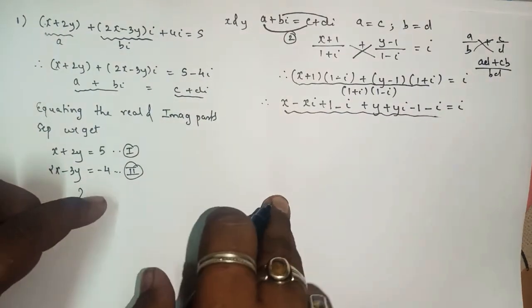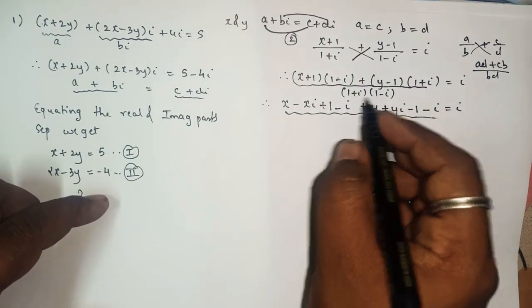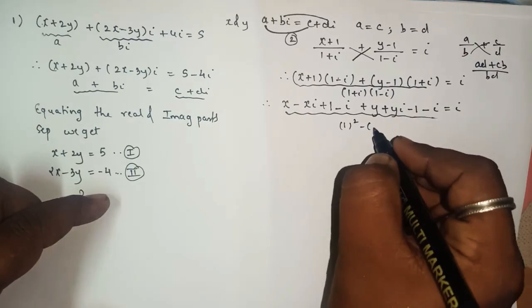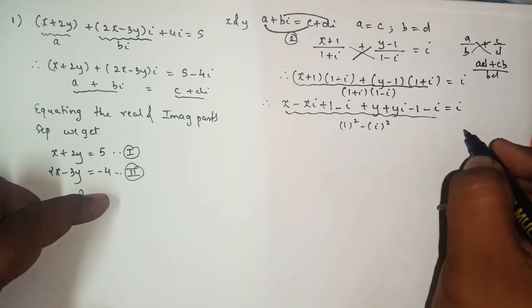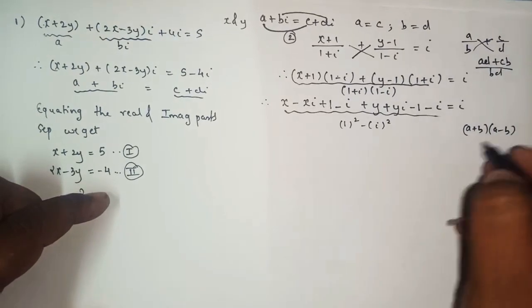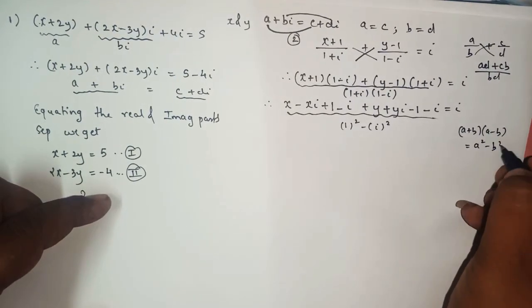So this 1 plus i and 1 minus i looks like what, a plus b and a minus b, yes or no. So we can write it as a square minus b square.